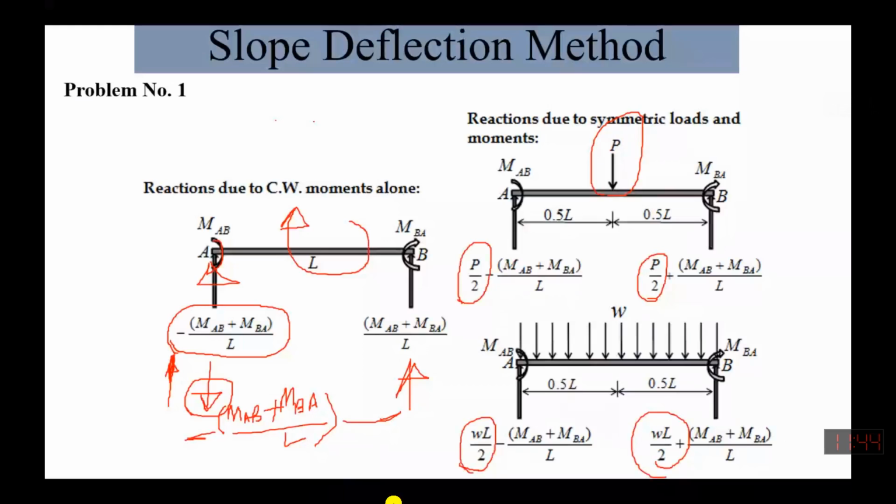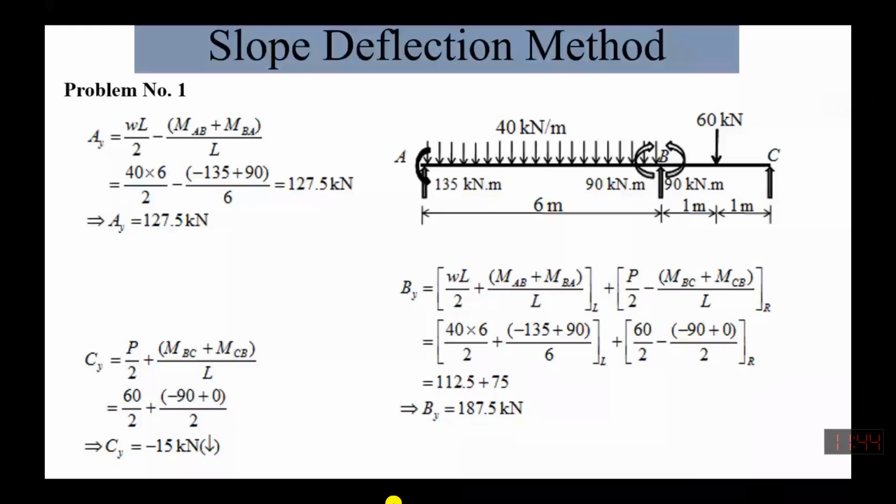So if I go back to the reactions in this case, the reaction at AY equals WL by 2, that is 40 into 6 divided by 2, this is due to UDL, minus MAB plus MBA.